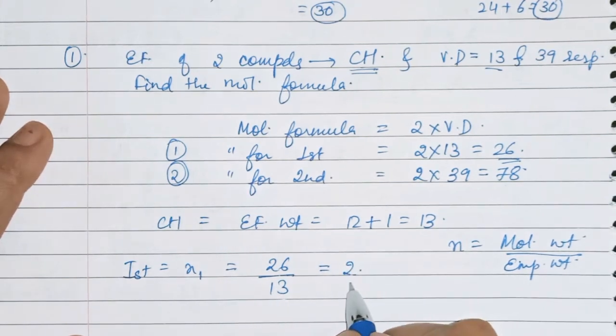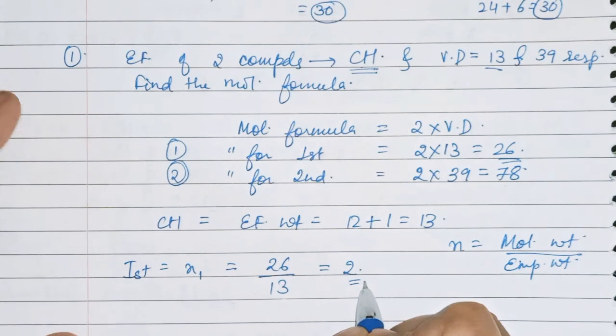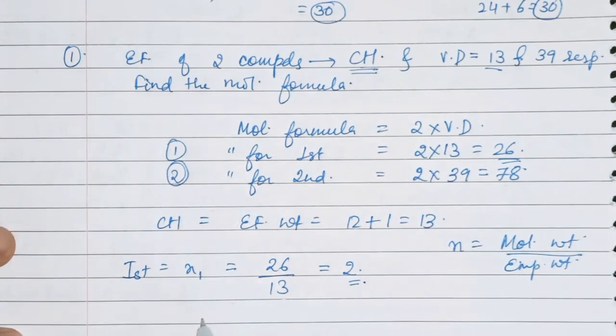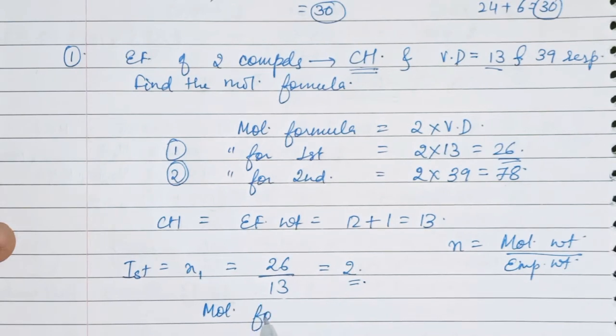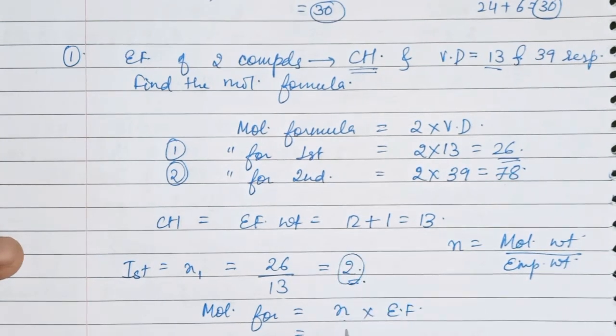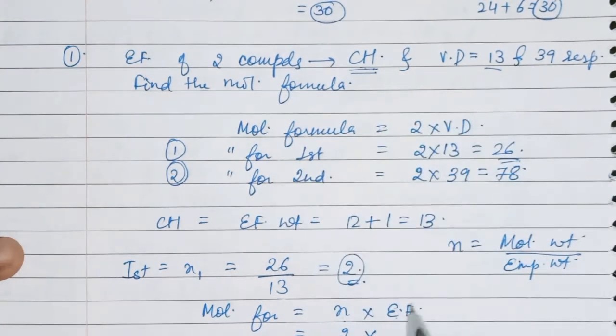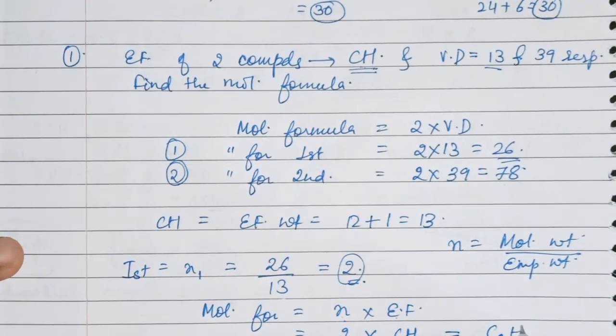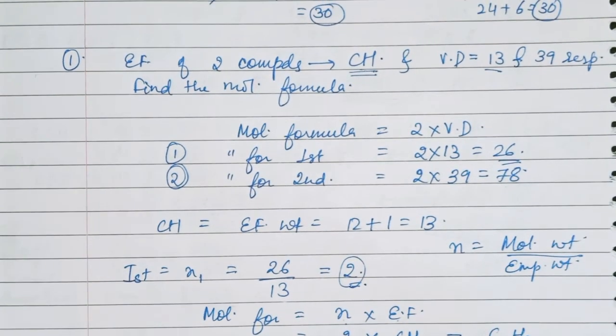This is the value of N, and we have just now learned that molecular formula is equal to N into empirical formula. So the value of N we have got is 2, and the empirical formula given in the question is CH. So the molecular formula will be C2H2 for the first compound.